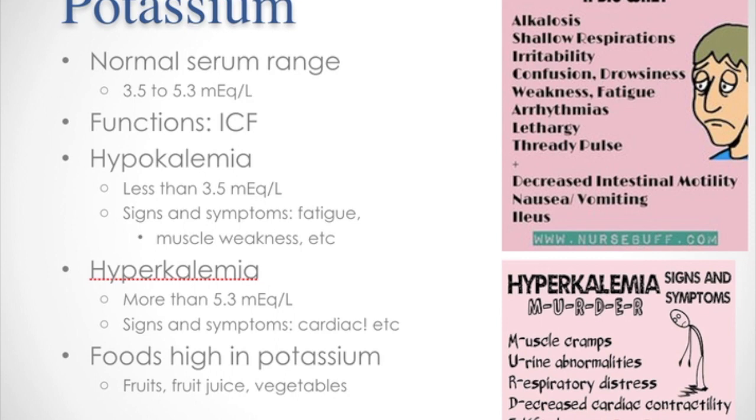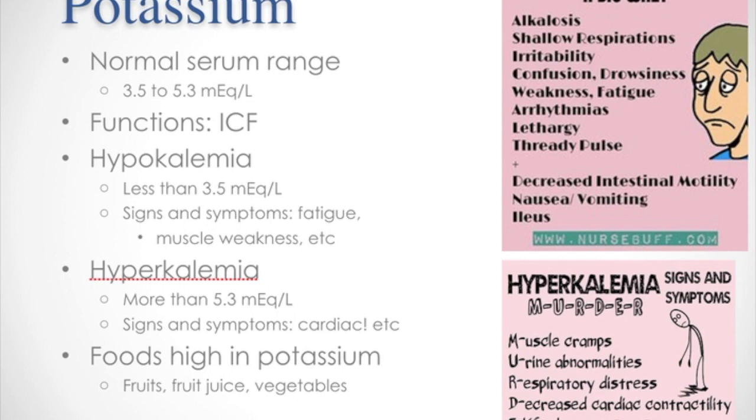It is an intracellular ion, and if you have hypokalemia or low potassium, you could have specific signs and symptoms like fatigue, muscle weakness, irritability, confusion, drowsiness. You can have heart arrhythmias and/or thready pulses. You can also have nausea and vomiting.